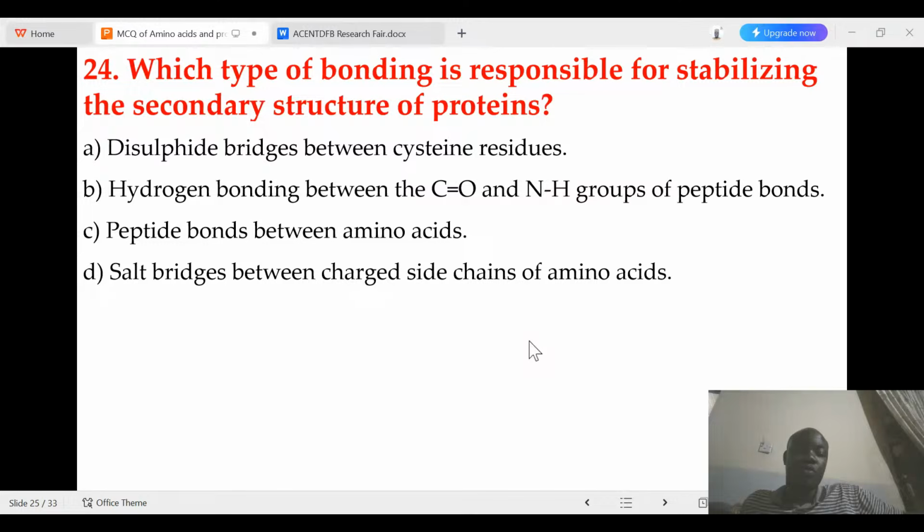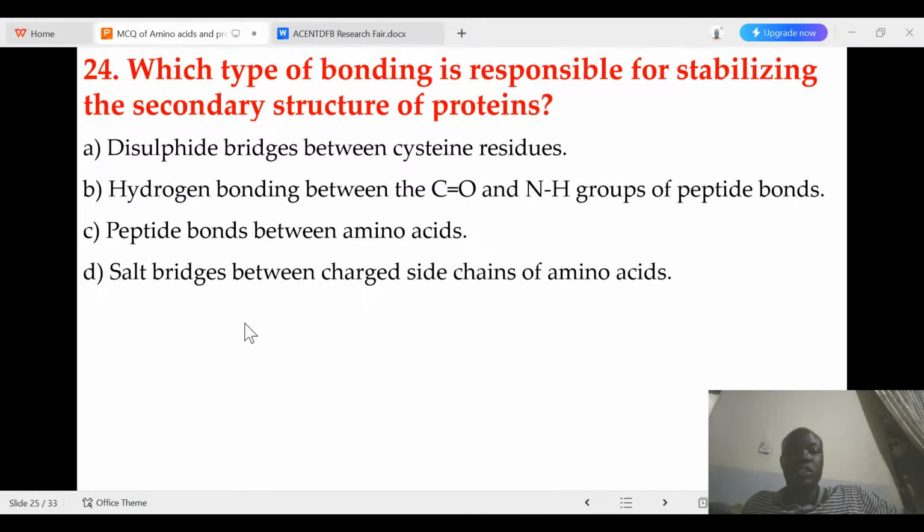Question 24. Someone said B. The peptide bond between amino acids is only considered for the primary structure of proteins. So in addition to the peptide bonds in the primary structure, what other bond stabilizes the secondary structure of proteins?